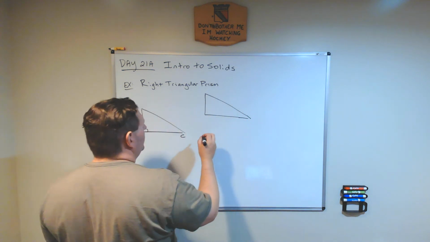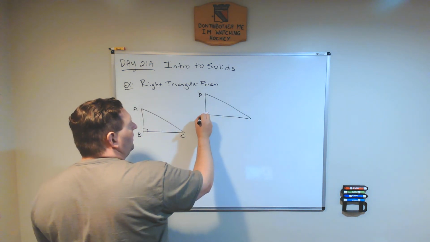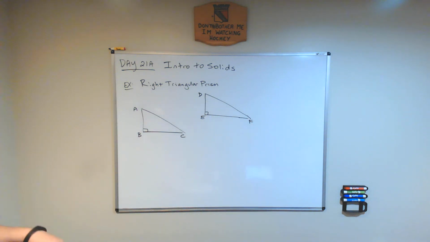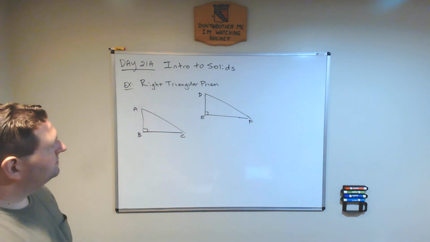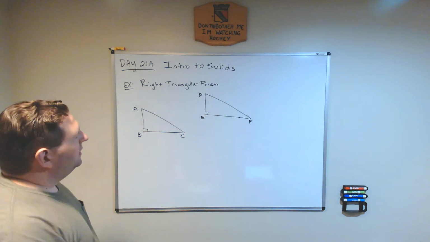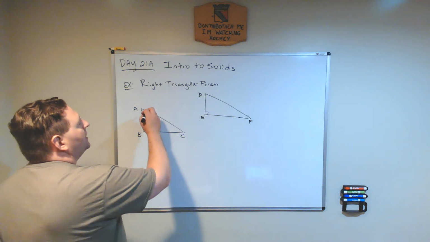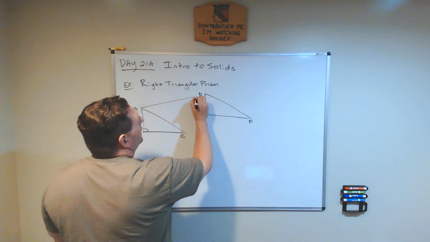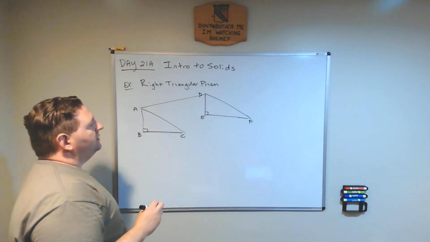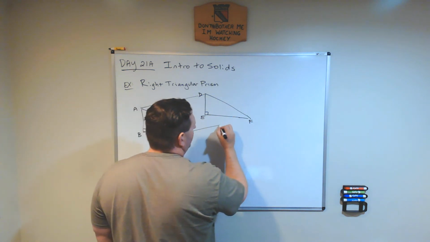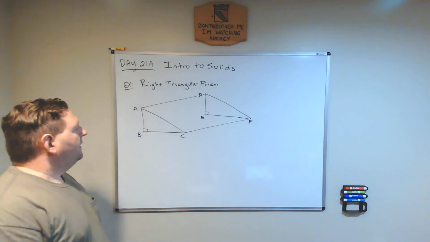Go like this, and we'll call this one DEF. And it's not the straightest, but you get the idea. We're going to connect corresponding vertices. So A to D, we're going to connect that. And now C to F. And then B to E.